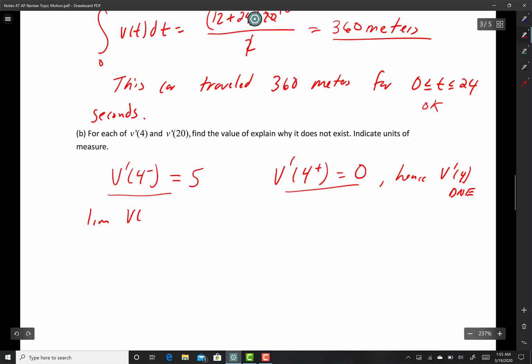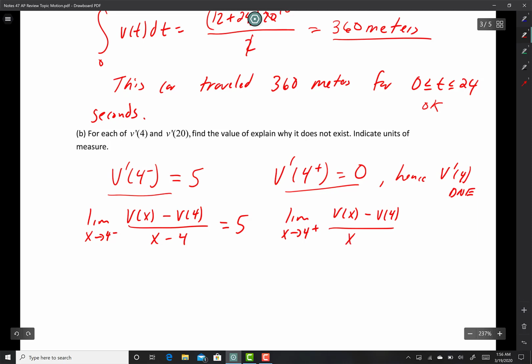I would do it like, yeah, you can do it like that. x approaches 4 from the left of v of x minus v of 4 divided by x minus 4 is equal to 5. And then I would go limit as x approaches 4 from the right of v of x minus v of 4 over x minus 4 is equal to 0.